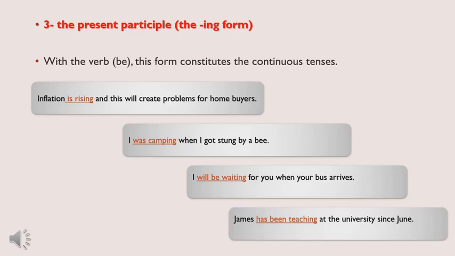This verb with ing is called the present participle or the ing form. For example, inflation is rising, and this will create problems for home buyers. Is rising. Rising here is a verb in its present participle or ing form, because here we have be plus a verb with ing.